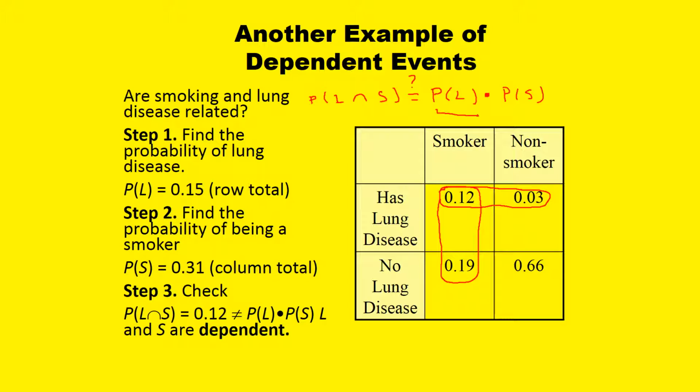Probability lung cancer and smoker is 0.12, as it says right here, but that's not equal to the product of 0.15 probability of lung cancer and 0.31 probability of smoker.